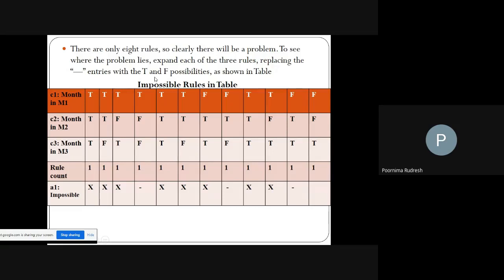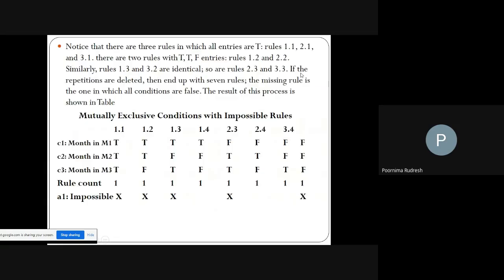Means for the case 1.2 and 2.2 we have the same values. Similarly for the rules 1.3 and 3.2 they are also identical. Hence the rules 2.1, 3.1 and 2.2 and 3.2 as well as 3.3 are eliminated.